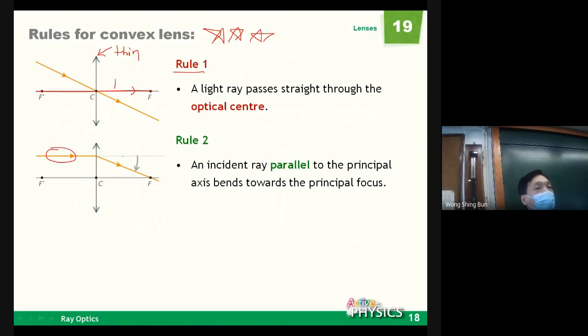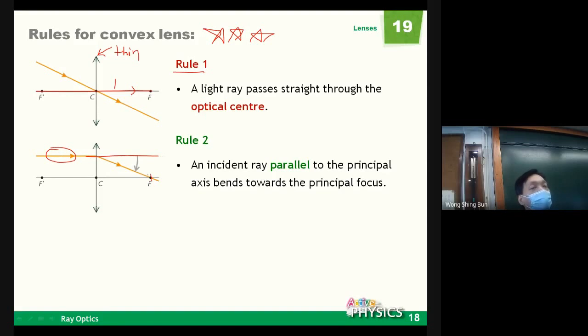It will bend, okay, not towards the normal, but towards the principal axis. 嗱，最容易記嘅咩叫做 converge 啊？佢會更加接近 principal axis。Converge means that the light ray will come near to the axis, okay, the principal axis. And then come to the principal axis and then cut the principal axis. This one, we will call it principal focus.